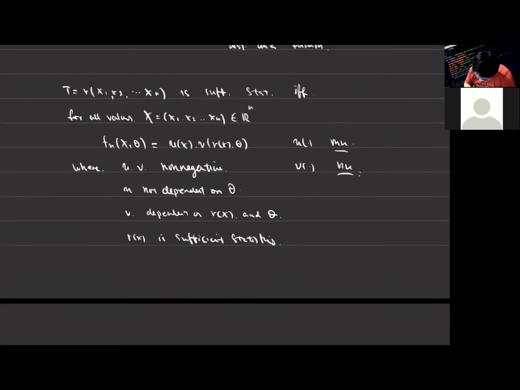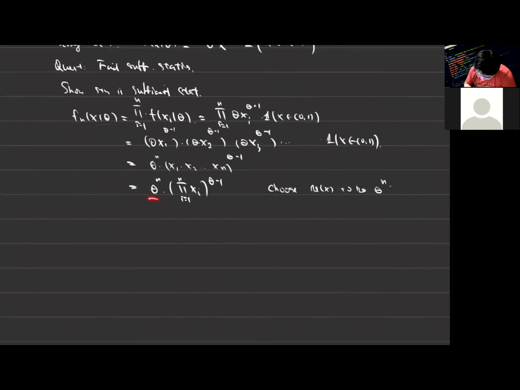It's actually this part, and here maybe I should be a little more careful with this data. You can actually choose this to be theta n. Let me check my notes. I think maybe there's a small issue here.